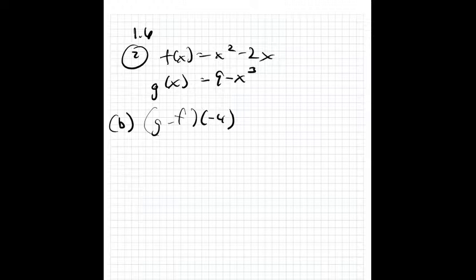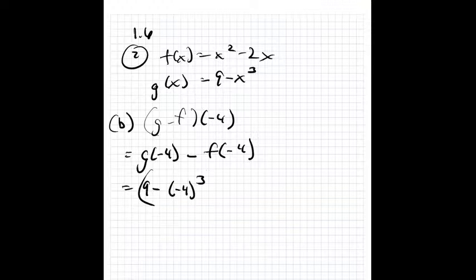Okay, this just means do g of -4 minus f of -4, right? G of -4 means we're going to have 9 minus -4 cubed minus f of -4 is going to be -4 squared minus 2 times -4.